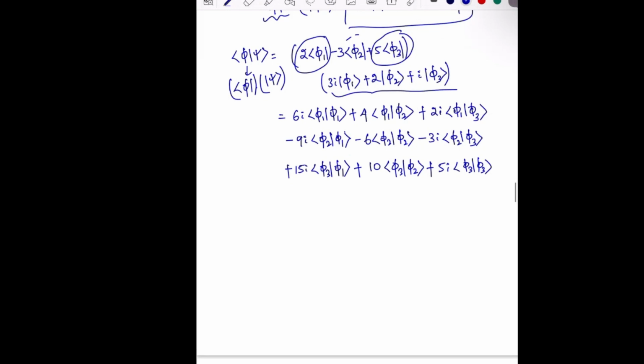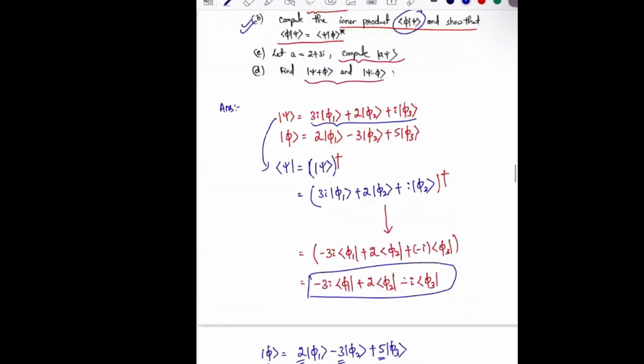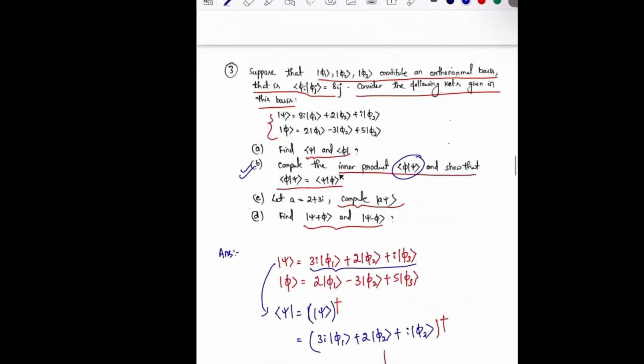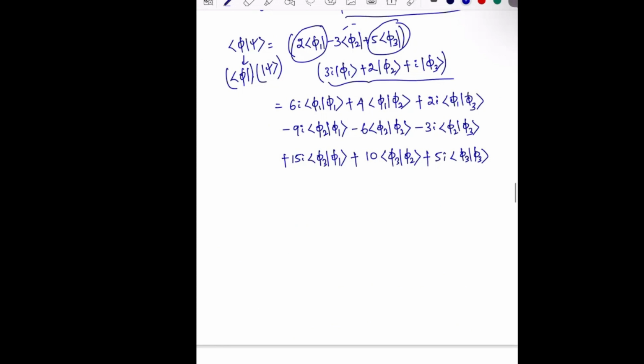Now, this is the expression you get, but in the question, one of the conditions given was that the bases are orthonormal. This means that the cross terms will be 0, like phi 1 phi 2 will be 0.